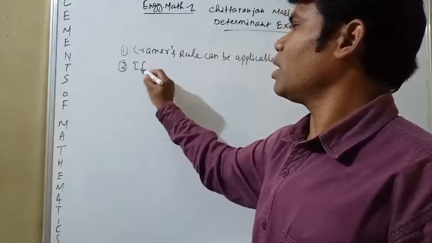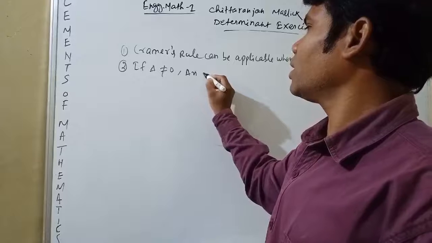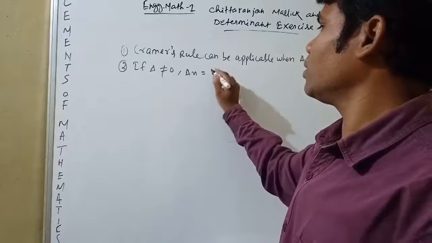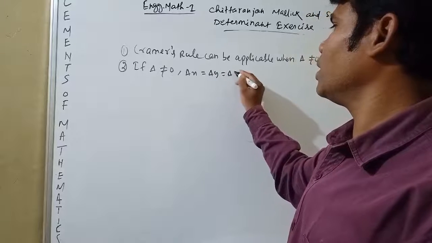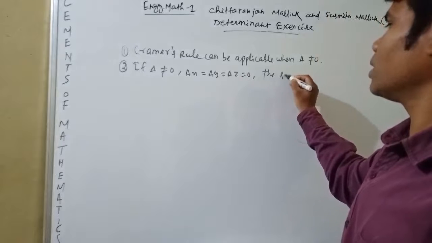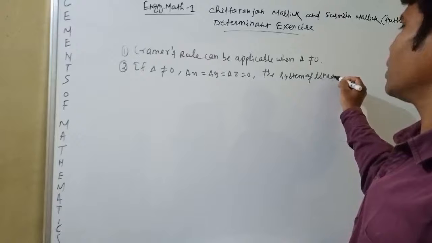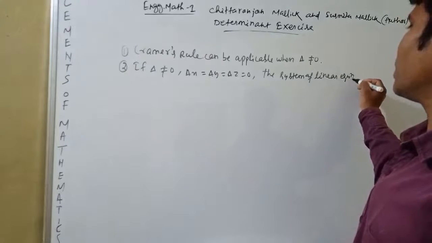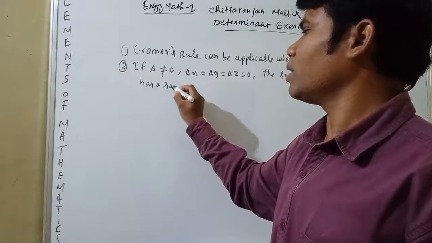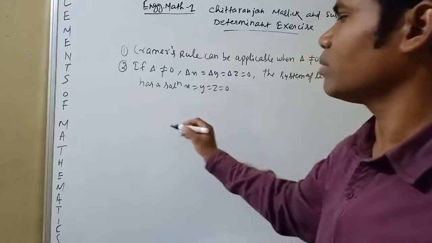If del is not equal to 0 and del x is equal to del y is equal to del z is equal to 0, the system of linear equations has the solution x is equal to y is equal to z is equal to 0.